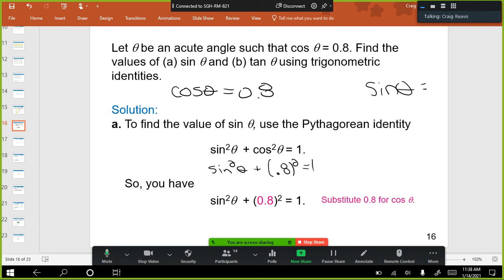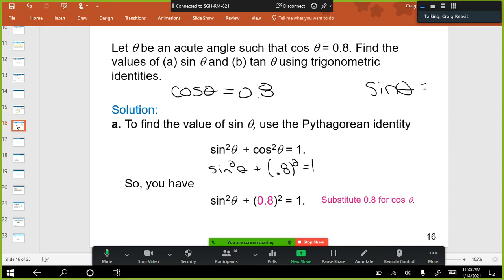So now we can solve this for sine, right? We can square 0.8, which should be 0.64. Let me make sure I've got my decimals right. 0.8 times 0.8 is 0.64.